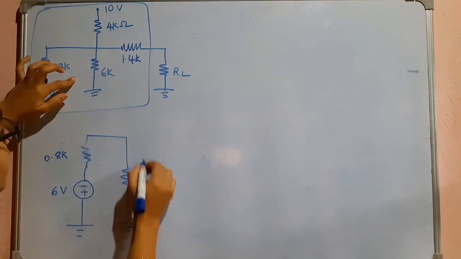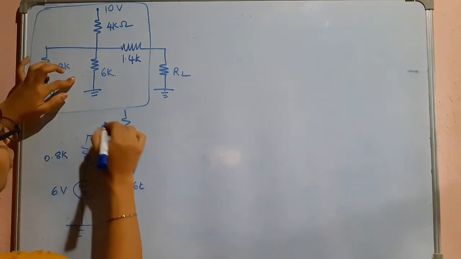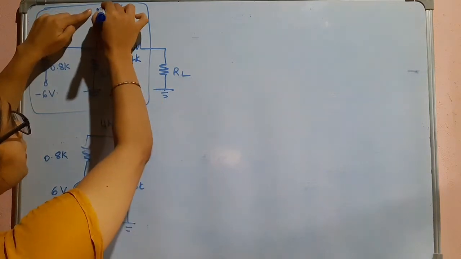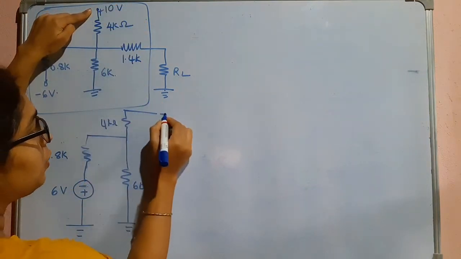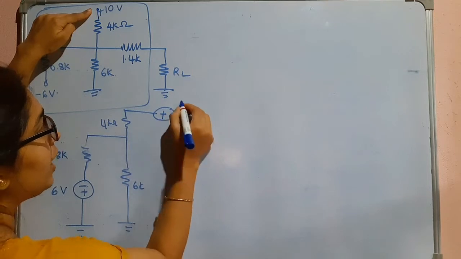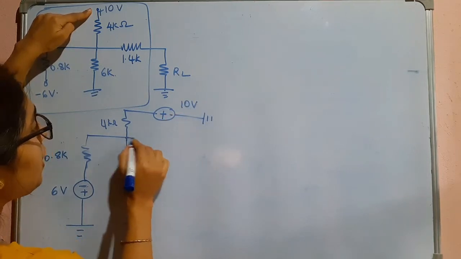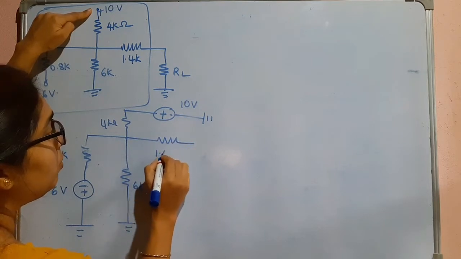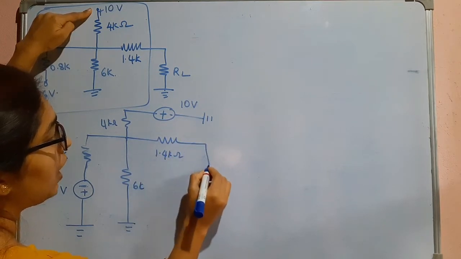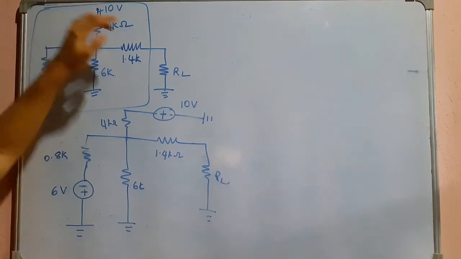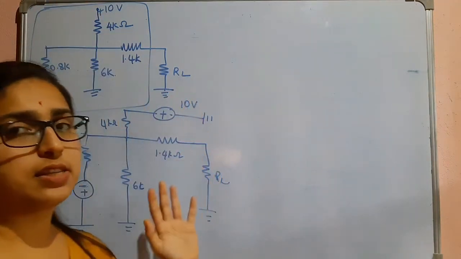Here we have 4 kilo ohm, and this terminal is connected to positive, and the value of that is 10 volts, which is grounded. Next we have 1.4 kilo ohm, and then we have RL which is connected to ground. For this part we have to find the Thevenin's equivalent.